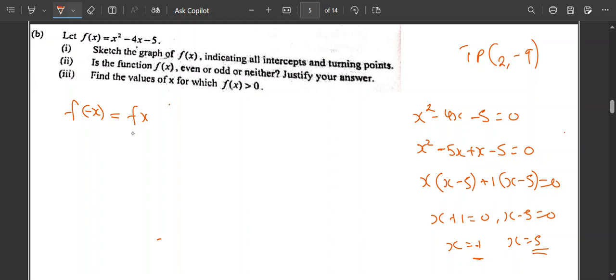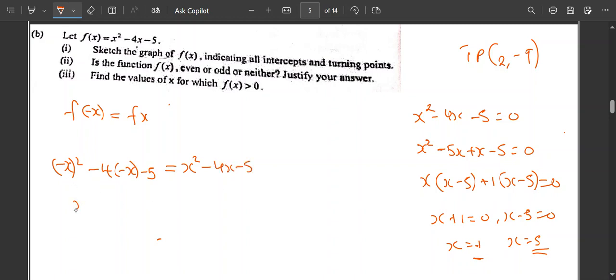We can move together. I'm inserting negative x wherever there's x. So that would be negative x squared minus 4 open bracket negative x, then minus 5, is equal to, which should give me the same function. I'm writing the same function on this side so that I can move together with what I'm proving.